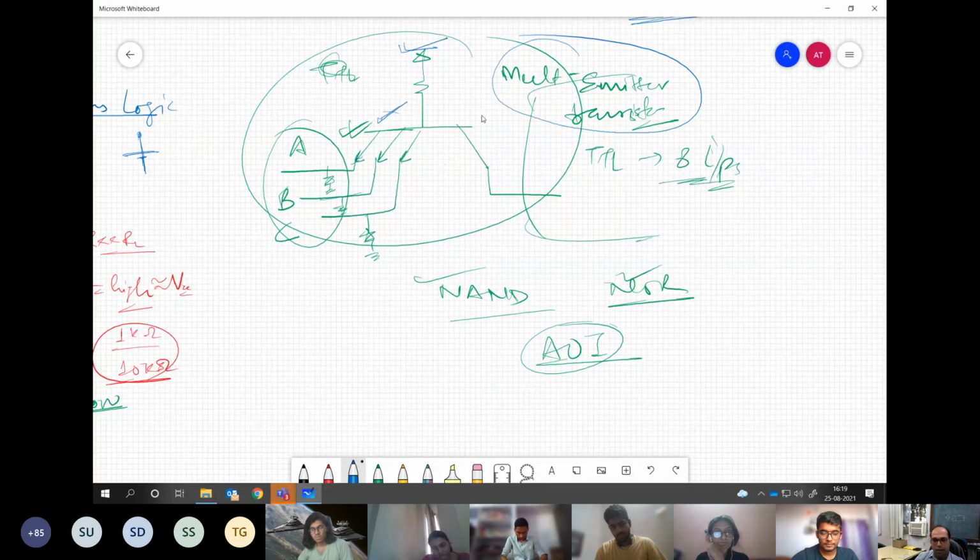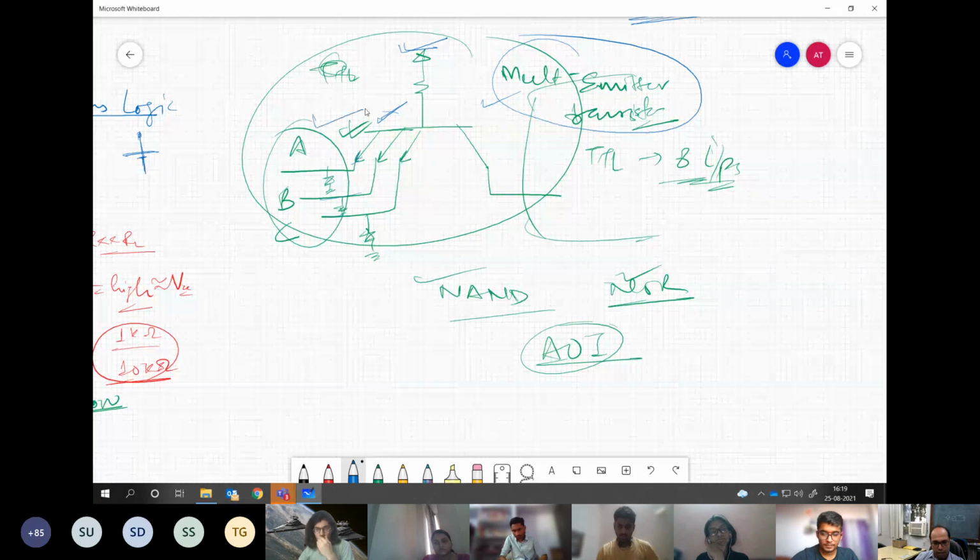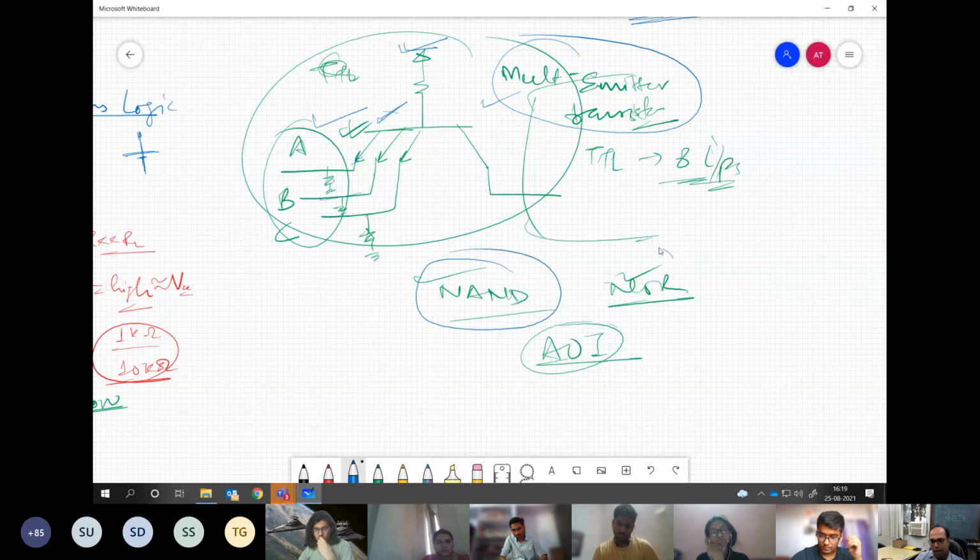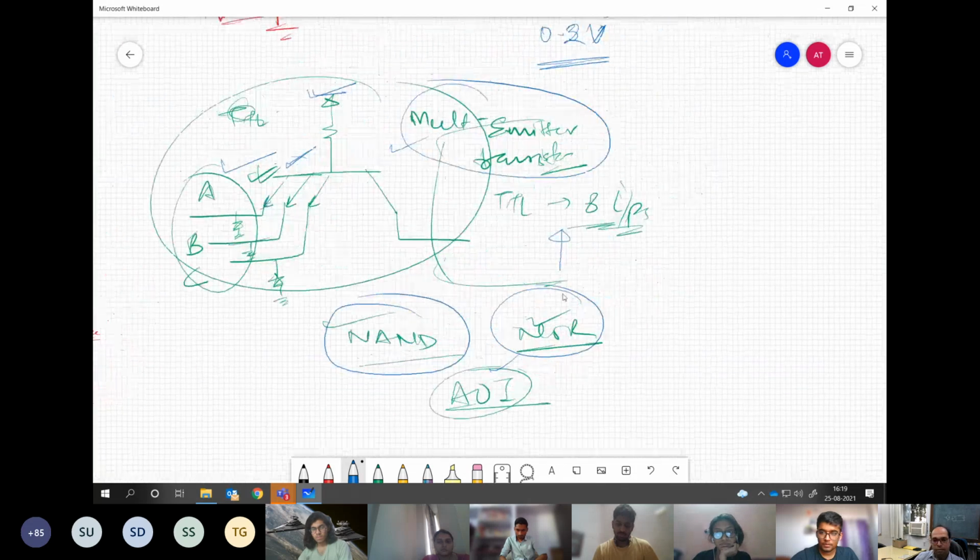So that is another speciality of the TTL logic or TTL technology. Now using this and the remaining circuit, we can very easily fabricate the NAND, NOR and some special gates as well. So up to 8 inputs we can have in this form. Is that fine? Yes, sir.